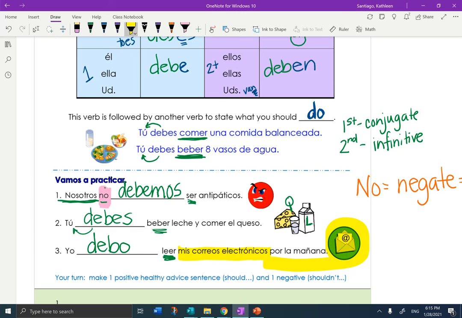What advice am I giving myself? I should leer, like a libro. Read my, that's right, emails. When should you be reading your emails? Por la mañana. During homeroom, right when you get up. Muy bien. I hope that you understand deber.